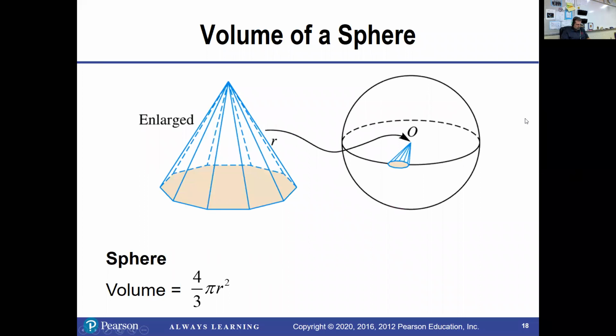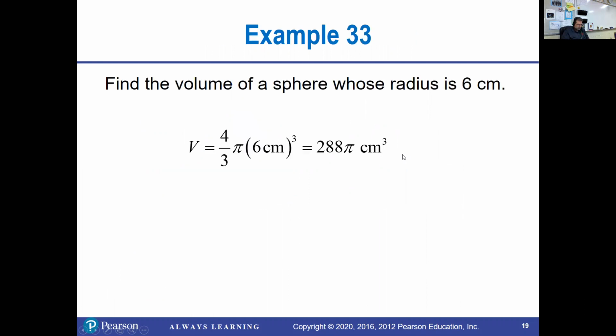All right, volume of a sphere. The formula is very simple. 4/3 times pi r squared. So pi r squared. So you would get 6.